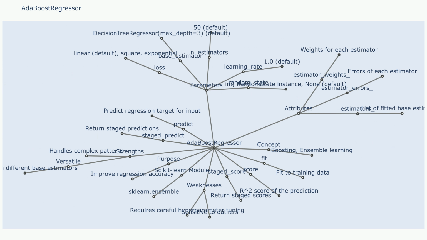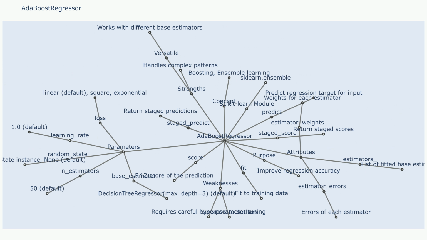Evaluate the best model on the test set: best_regressor = grid_search.best_estimator_, y_pred = best_regressor.predict(X_test). Calculate performance metrics, e.g., R2 score. From sklearn.metrics import r2_score. r2 = r2_score(y_test, y_pred). Print the R2 score.